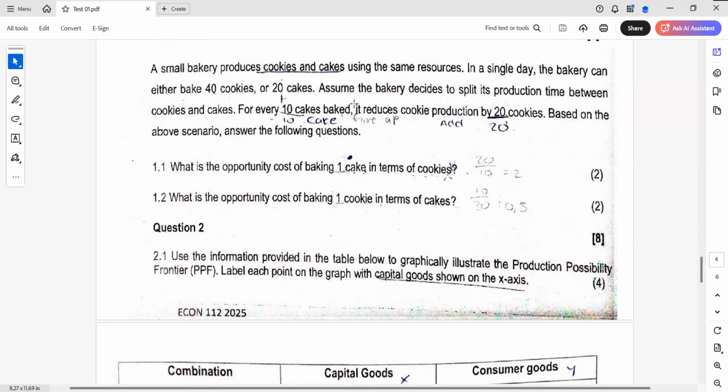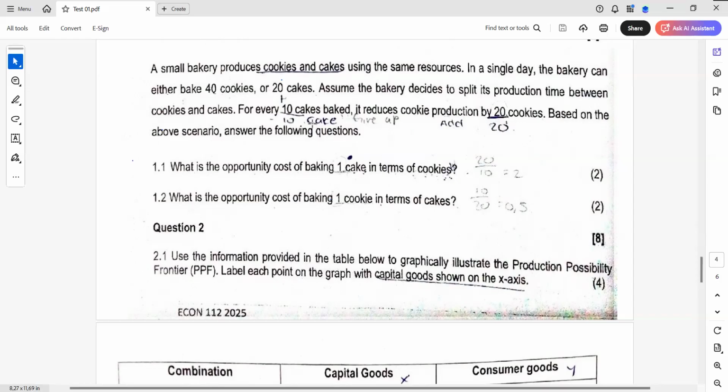So here they're telling us that for every 10 cakes baked, it reduces cookie production by 20 cookies. So for every 10 cakes baked, the opportunity cost is 20 cookies. Now they want us to calculate the opportunity cost of one cake.